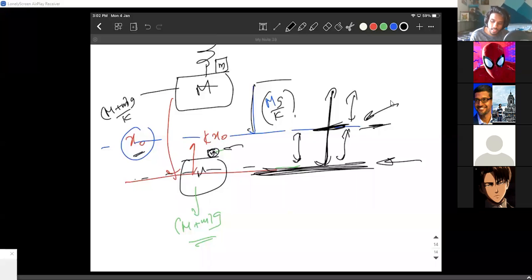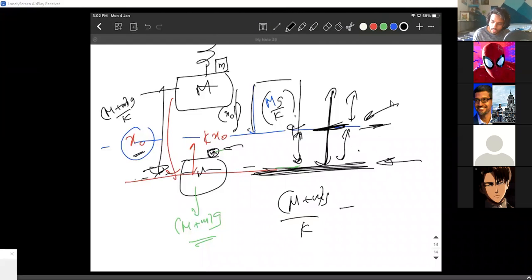So what is x naught minus x? Let's call it x naught dash. This value will be m plus m g by k, which was the total elongation. From that, if you remove mg by k, you will get this separation. So that is the amplitude of the problem.